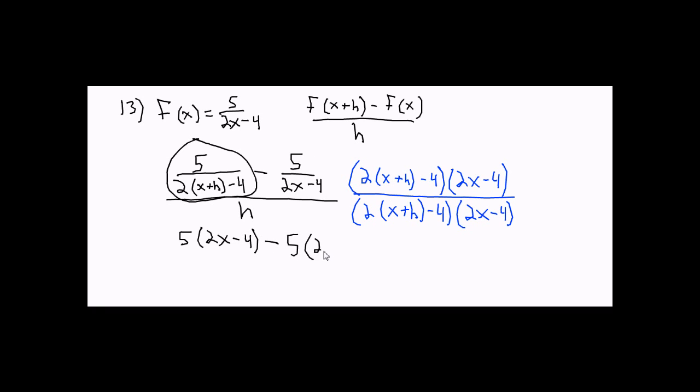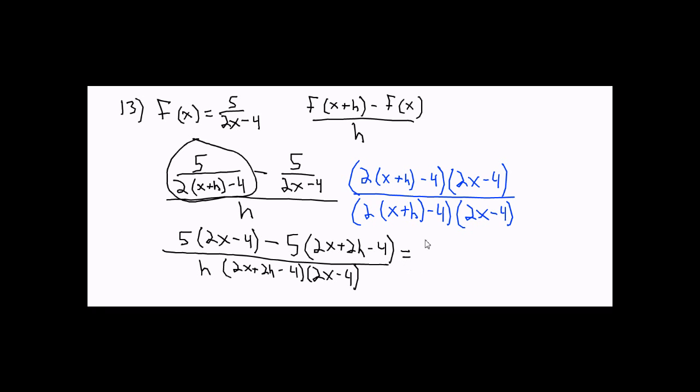So we'll be left with 2(x plus h) minus 4. And all of that is over h times (2(x plus h) minus 4)(2x minus 4). And I promise you, h's will cancel if everything is done correctly.